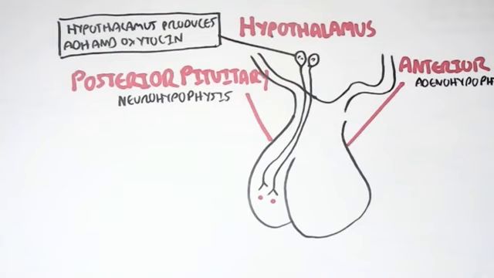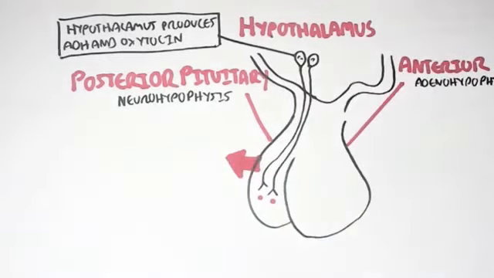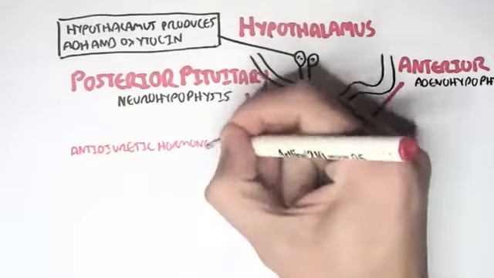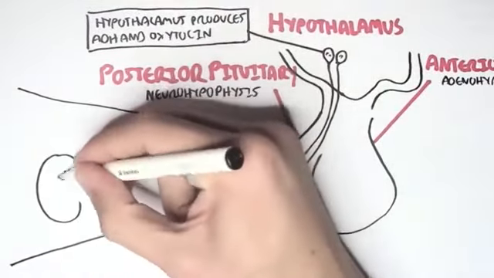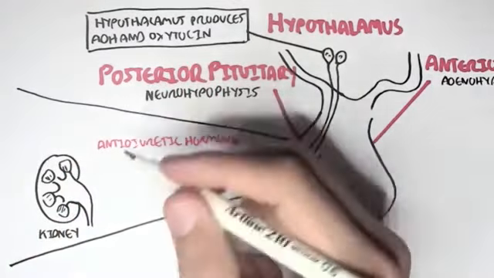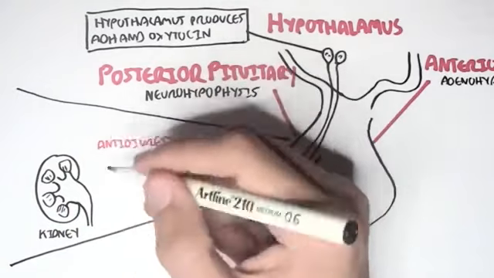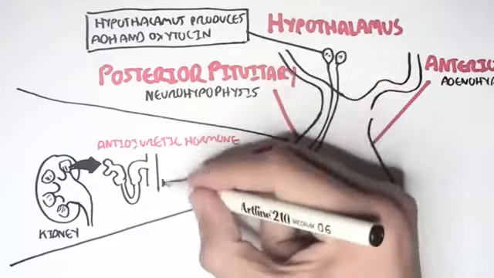From here, when a stimulus arrives stimulating their secretion, the posterior pituitary can then secrete them. So the posterior pituitary can secrete the antidiuretic hormone, whose main function is water retention, so it targets the kidneys, particularly the kidney tubules.